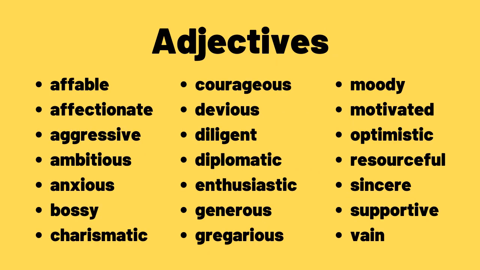These again have specific meanings, and using them correctly can allow you to talk with a high degree of accuracy. An affectionate person, for example, is someone who is quite loving and open, willing to show tenderness to others. A charismatic person is someone to whom others are drawn because of their appealing personality. Words like these, when used correctly, can be incredibly effective for giving vivid descriptions of people.